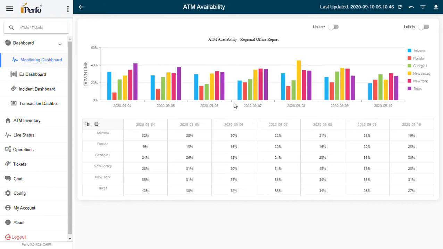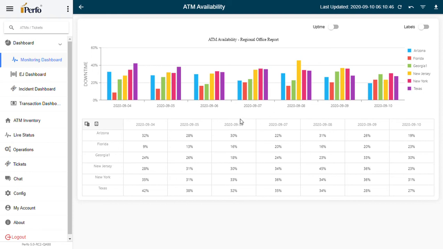When you have multiple regions, you can easily make out visually through the graph that a particular region has a problem. The reasons could be that the service network in that region is under-resourced, and people are not able to get to the ATMs to resolve issues on time, hence causing more downtime.